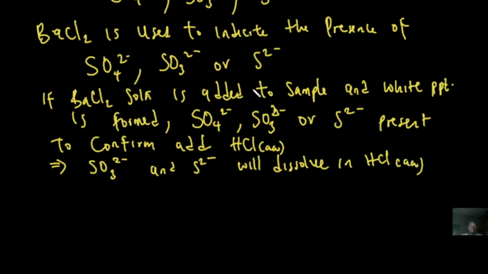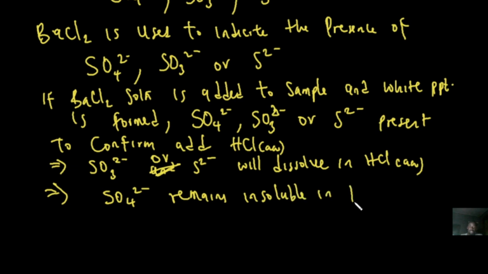So after adding BaCl2 and they say add HCl, once you notice that the precipitate dissolves, your answer becomes SO3 2- or S2- present. Then dealing with the other one, SO4 2-, how would you confirm it? SO4 2- remains insoluble in HCl aqueous. So just have that in mind.